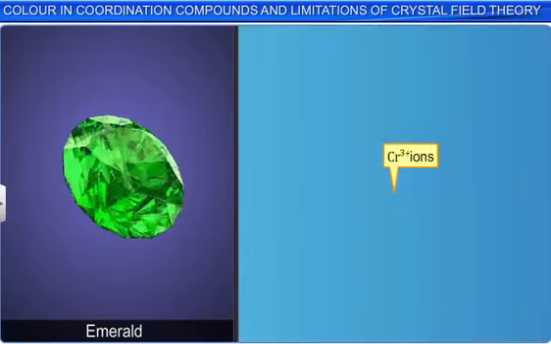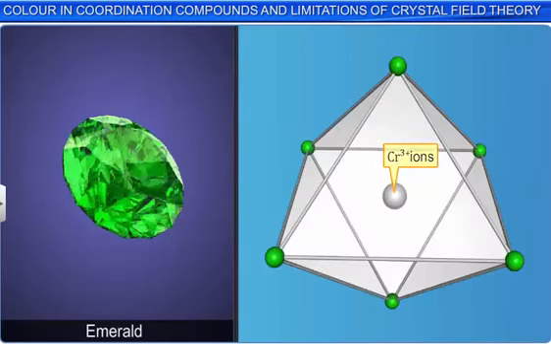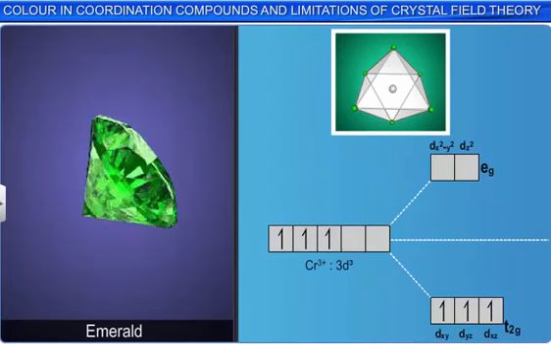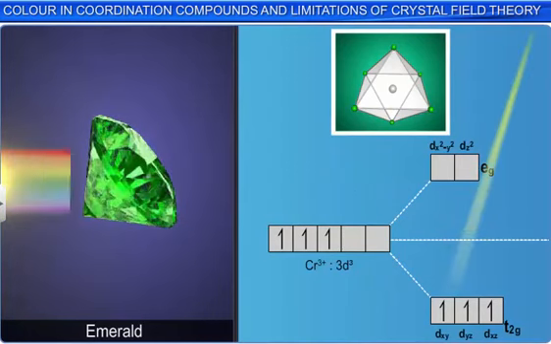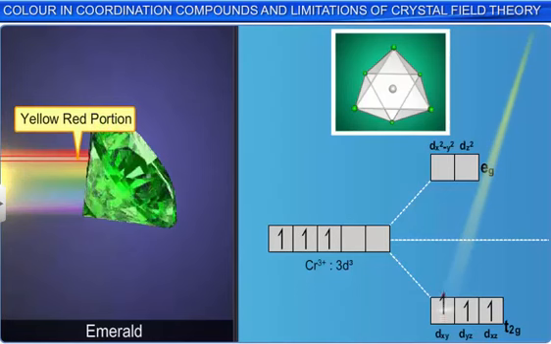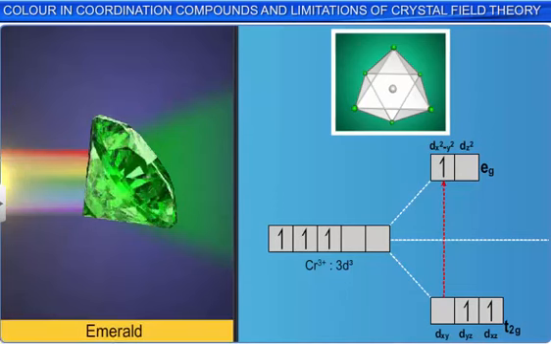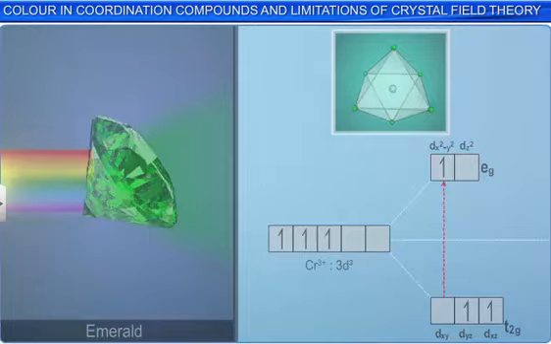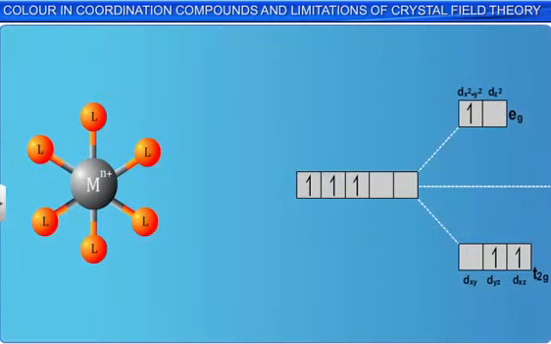Due to this arrangement, it absorbs the yellow-red portion of light and, in turn, transmits the complementary color green. Hence, an emerald appears green. It is important to note that in the absence of a ligand, crystal field splitting does not occur. As a result, the substance remains colorless.